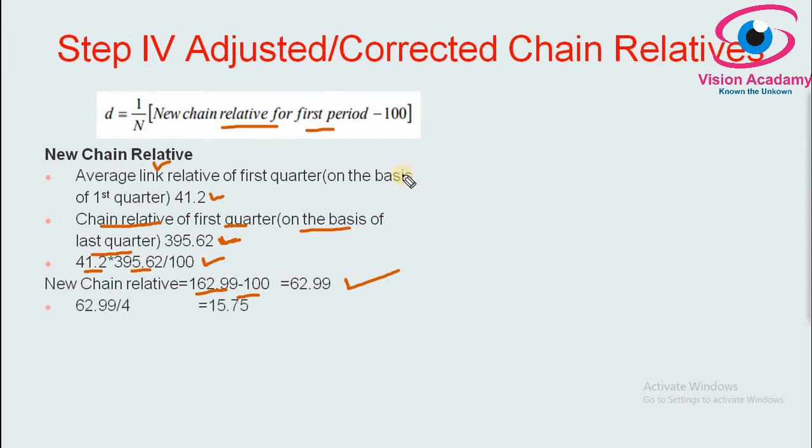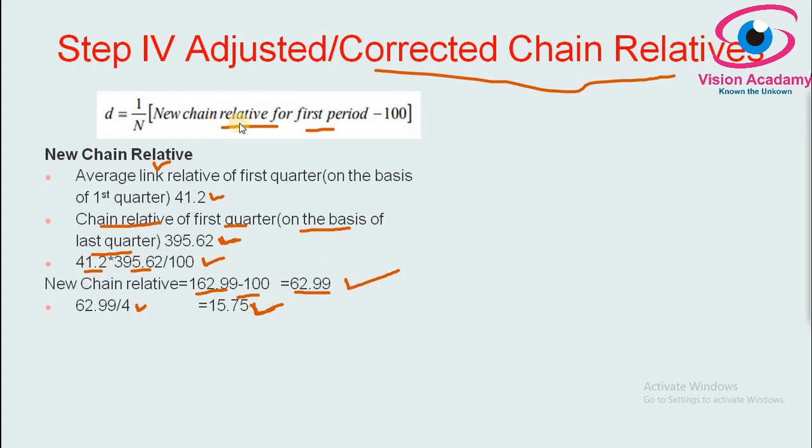We need a correction factor, because we have to subtract it from the chain relatives to obtain the corrected chain relatives. We are dealing with quarters in this problem, so we divide this value by the number of quarters. 62.99 divided by 4 gives the correction factor 15.75. In this way we found the correction factor.